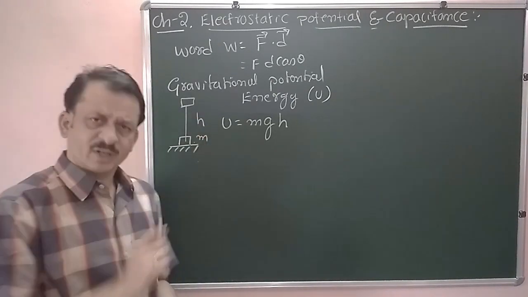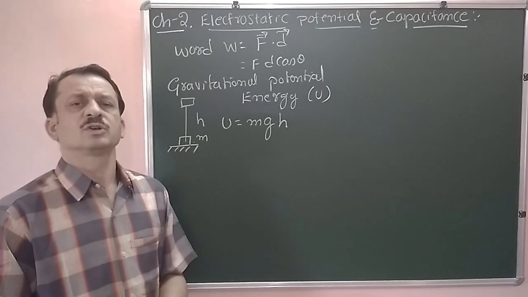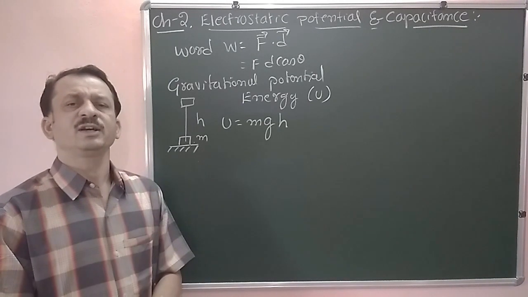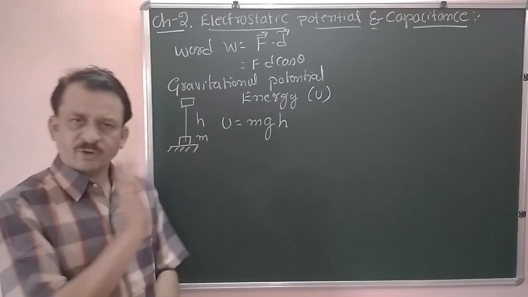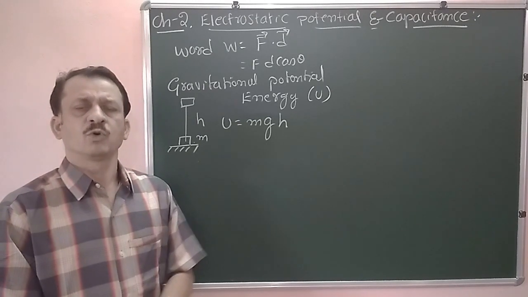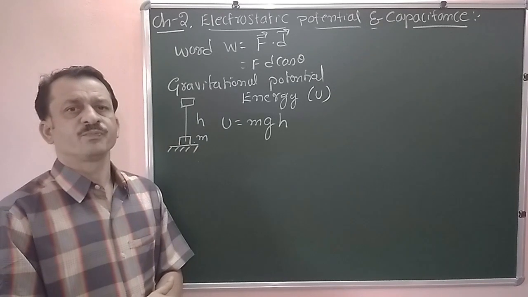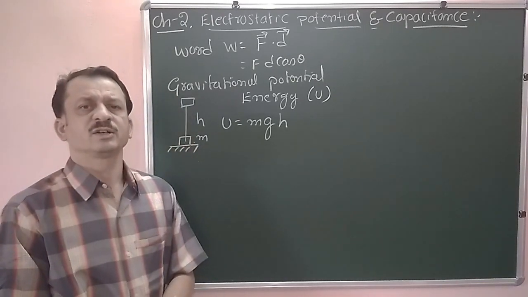Now whatever the work done by the external force, in order to move an object from one point to another point against either the gravitational force or the case of a spring force, that is stored as potential energy in the object.